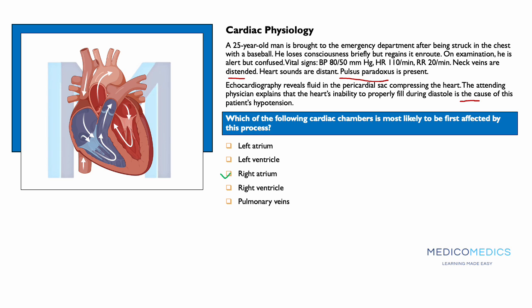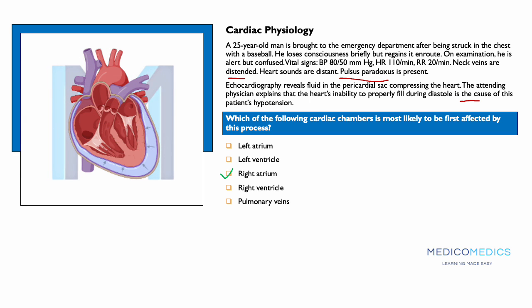If you've selected C, right atrium, then you are correct. Why? Well, this patient has clearly cardiac tamponade, which is a condition where fluid in the pericardial sac compresses the heart and impairs diastolic filling, leading to reduced stroke volume and hypotension. Now, why is it the right atrium?